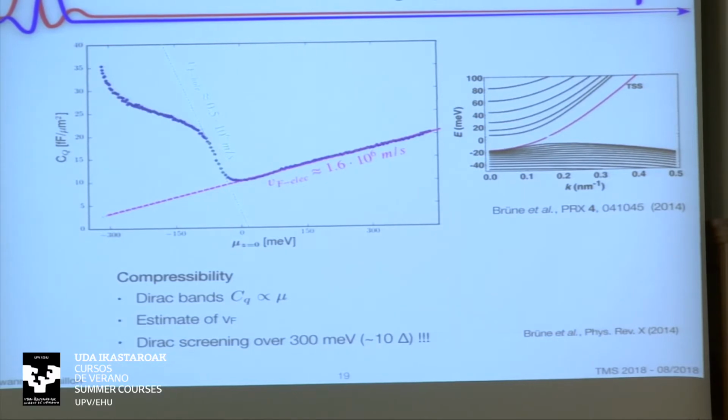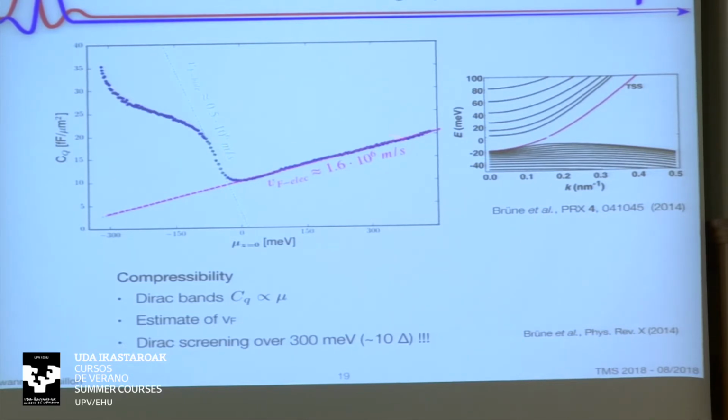So now that you know the geometric capacitance, you can extract the quantum capacitance and observe here this very nice Dirac cone feature. Of course, as you know from many models, in mercury telluride, the hole side is a lot flatter than the electron side, but you still see this linear increase of the quantum capacitance, which is characteristic of Dirac bands.